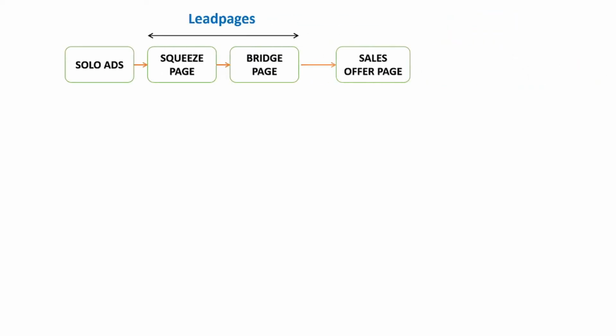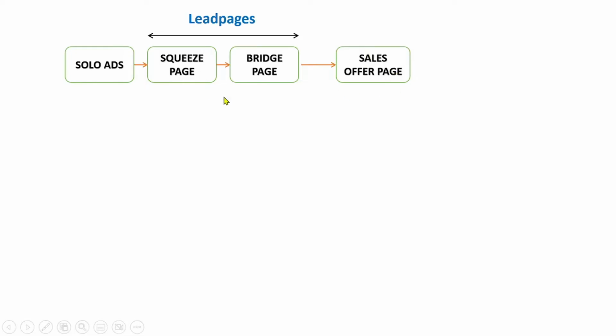Now, if you remember in the part 2 of this training series, we saw our email marketing in a holistic manner. So if you see, the first step is the solo ads, which is the traffic that comes in. It goes to the squeeze page and then to the bridge page and then to the sales offer page. Now, in the last training series, we saw the different affiliate marketplaces that we need to look for the sales offer.